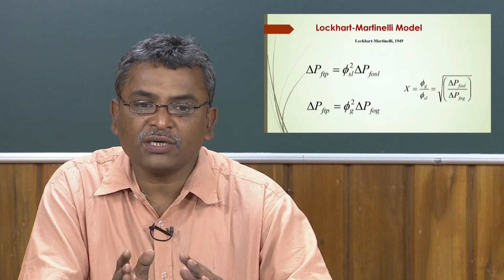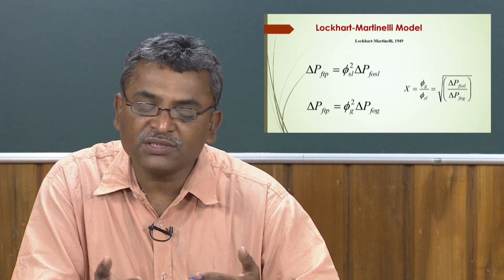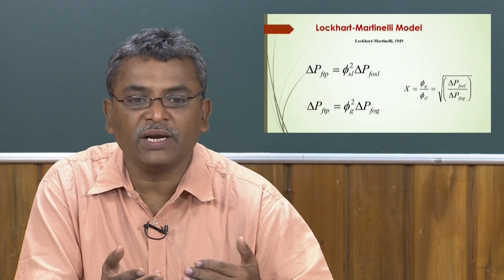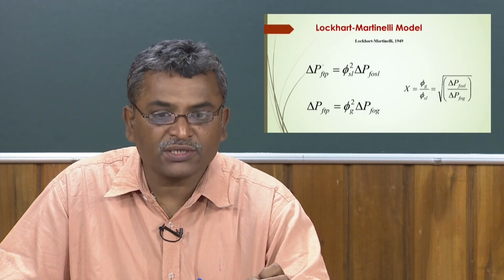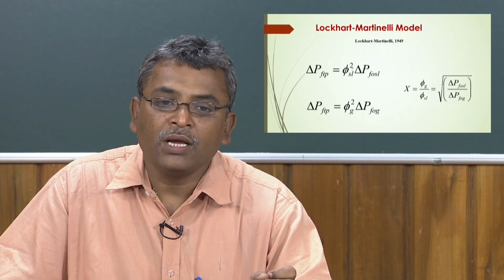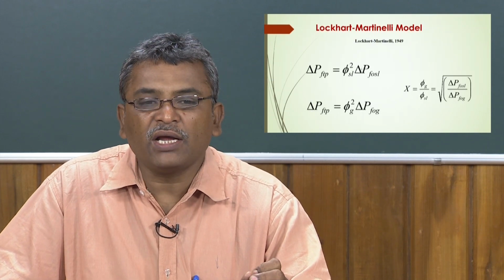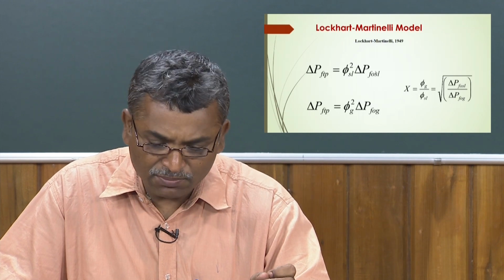So, the frictional pressure drop of these 2 phases, that means in the 3 phase fluidized bed, you can write as phi SL square times delta P FOSL. What does it mean?